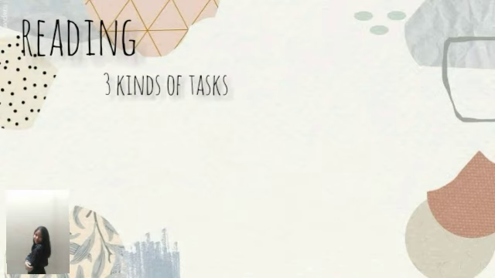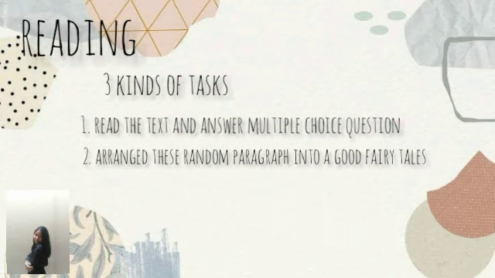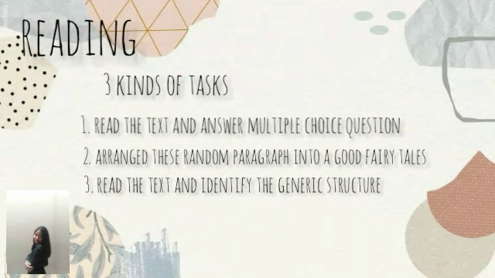For reading, the teacher can divide the exercise into 3 kinds of tasks. First, the students read the text of a fairy tale and then answer multiple choice questions. Second, the students arrange random paragraphs into a good fairy tale. And last, the students read the fairy tale and identify the generic structure.